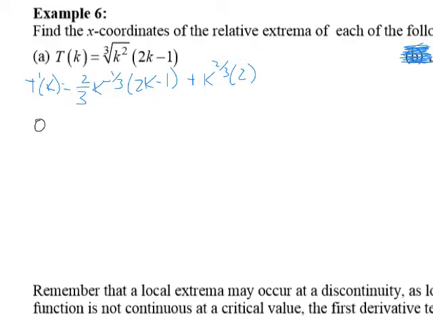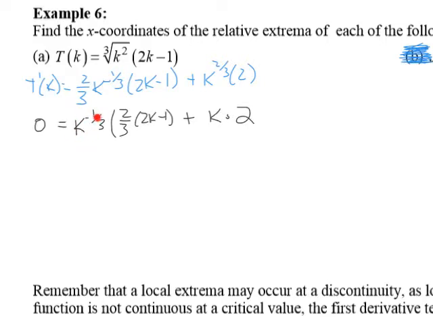What we're going to do is we're going to factor out our least powers. So looking at our first term and our second term, k raised to the negative 1/3 is our least power. So if we factor that out, what we wind up having is 2/3 times 2k minus 1 plus k times 2.